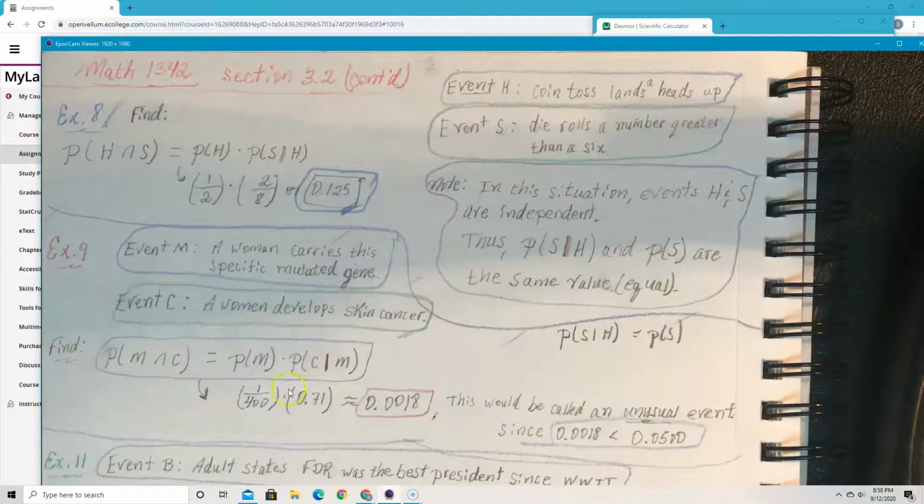And thank goodness it's not a 71% chance of developing skin cancer. It's 71% of those who have this. So it's not 71% of the general women population, it's 71% of this. And now we multiply those together, and we get about 0.0018.